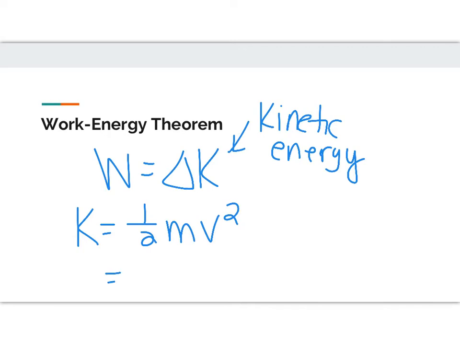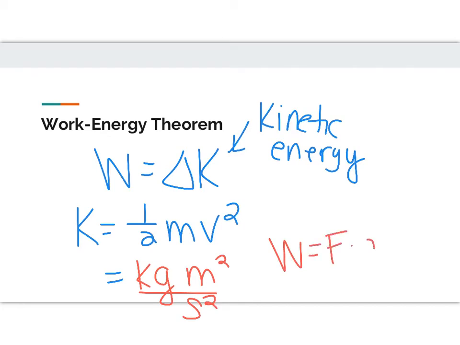Now, you might be wondering what units I'm going to use. Well, for mass, I use kilograms. And then for velocity squared, I have meters squared over second squared. Now, as a reminder, work equals force times distance from the previous slide, which is kilograms times meters over second squared times meters.